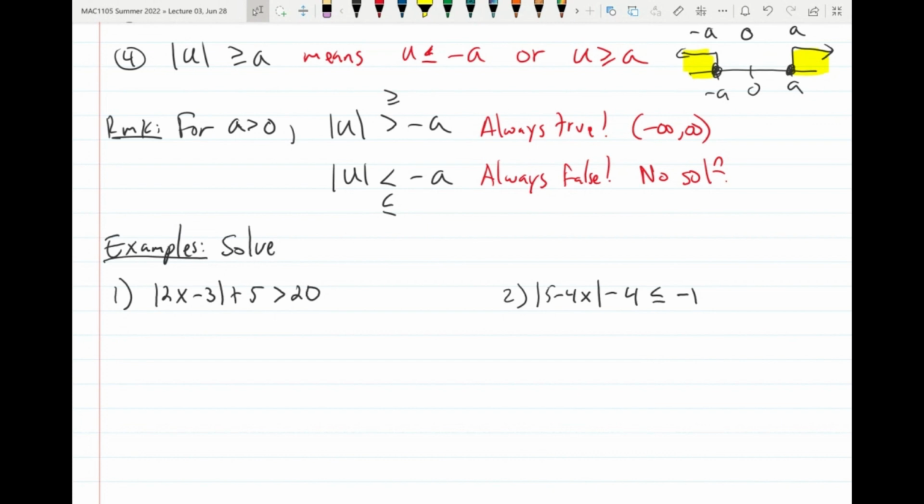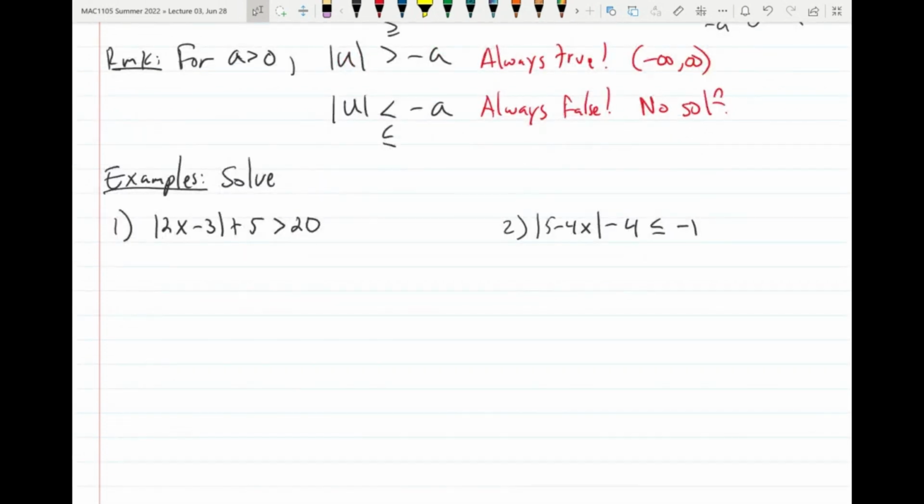Okay, so what type is number one? Is it an OR or an AND type? Or type. Okay, good. So what's the first step? We need to isolate that absolute value. So step 5. Okay.